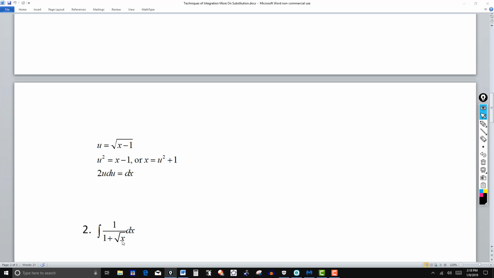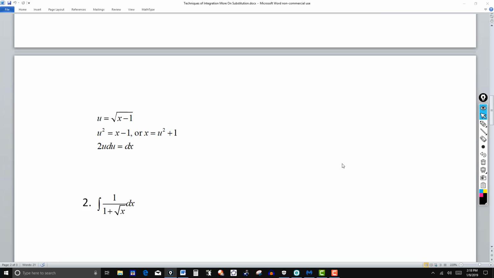You can let u equal to the square root of x, okay? One of those should work. And remember, the object is to transform this integral, so it's just in terms of u and du. Okay, try to simplify it because the way it's written there, it's kind of difficult to figure out what the integral is going to be.